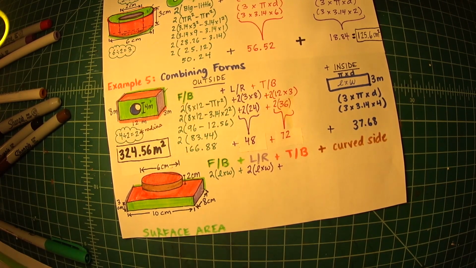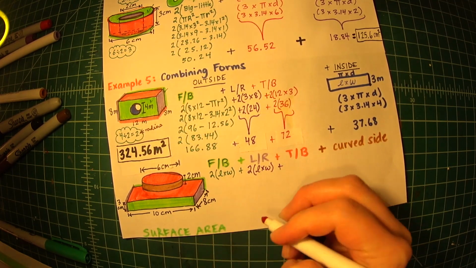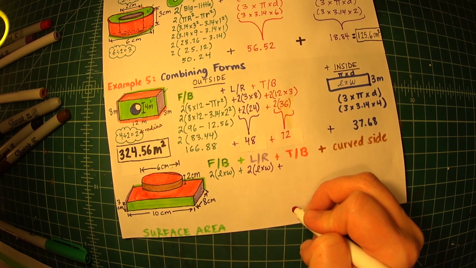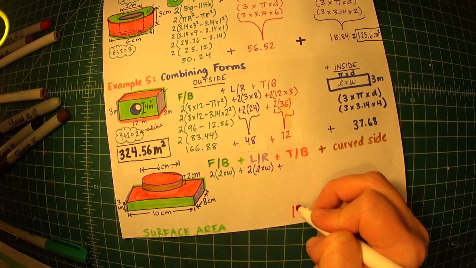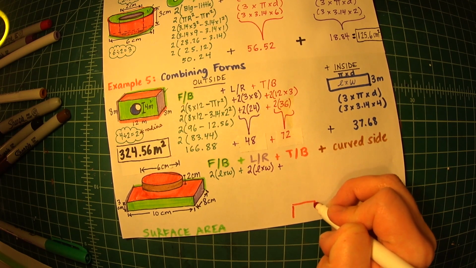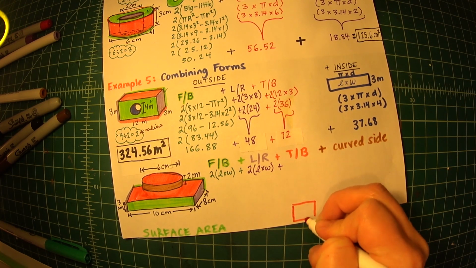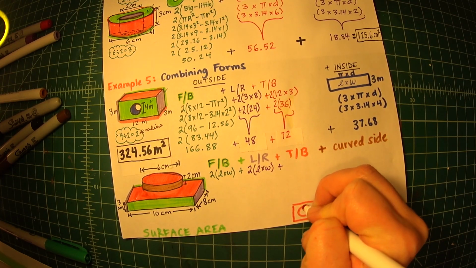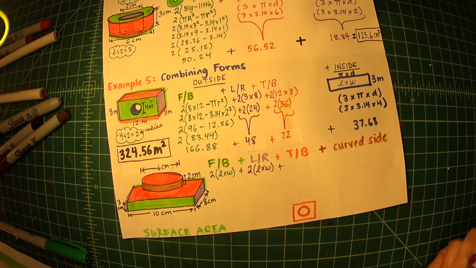So I just want to draw it for you here. I think I'm just going to draw it down here. So basically, if I looked straight down, I would see my rectangular face. It's actually close to a square. And I would see a circle as well.